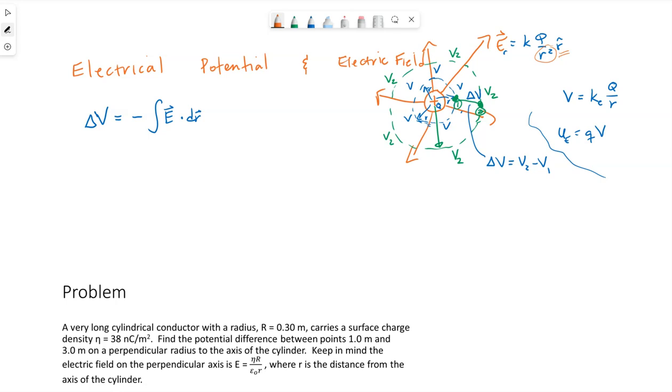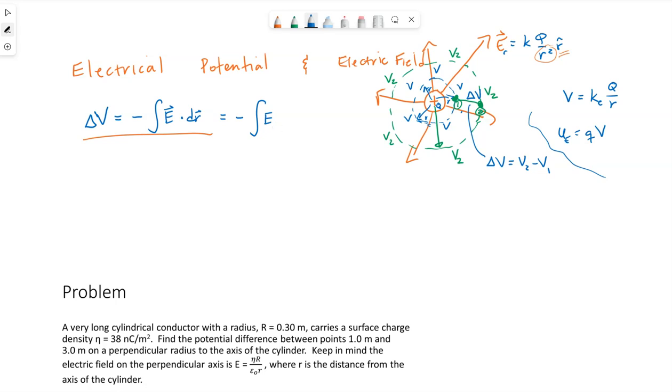That's why, coming back to our equation that relates potential difference to electric field, I want to write ds as a dr instead. Since I already know my electric field is in the radial direction, I'll put a subscript of r.